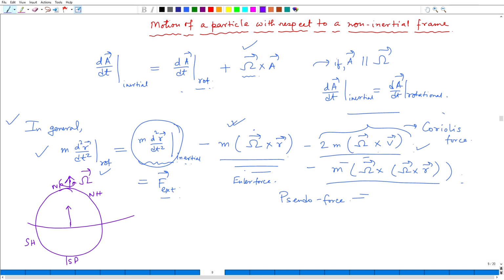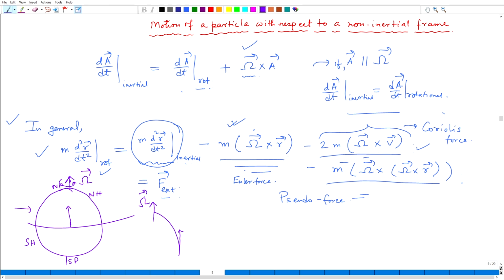Okay. As you can easily understand, this air is moving. So, if you now look from this side, you can see the air is moving like this, and your spin axis is this.